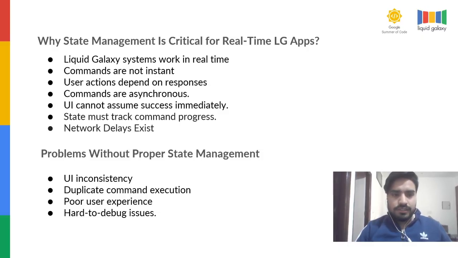Commands are not instant, meaning they take time to execute on the host system, and Liquid Galaxy always works in real time. If commands execute one at a time, there is a network delay involved.